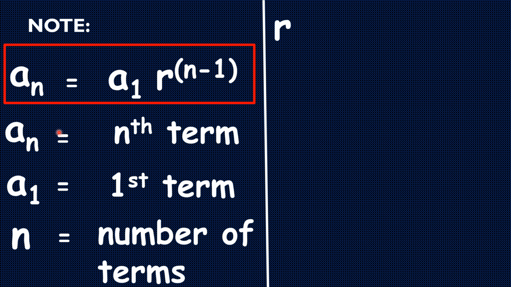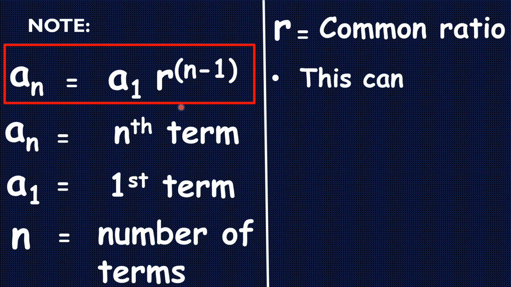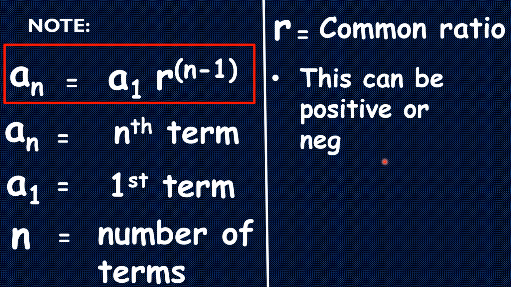If we're trying to find the third or fourth term in a geometric progression, if it is the fourth term, then n will be 4, and wherever we see n, we put 4. So depending on the nth term we're looking at, r is the common ratio. And take note that the common ratio can be positive or negative, and it could also be a fraction.